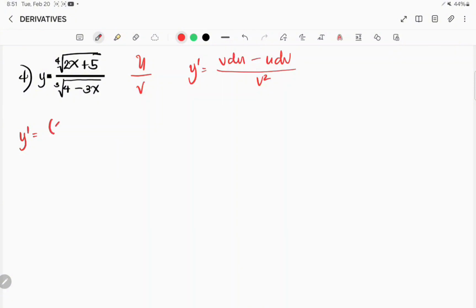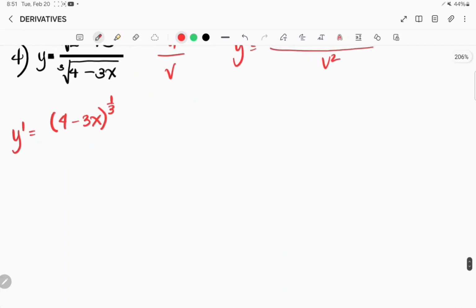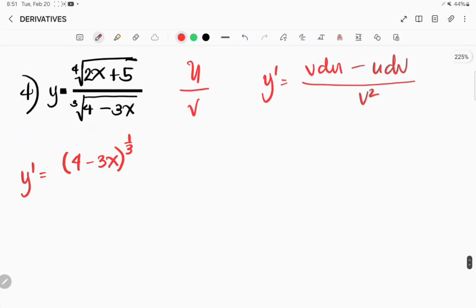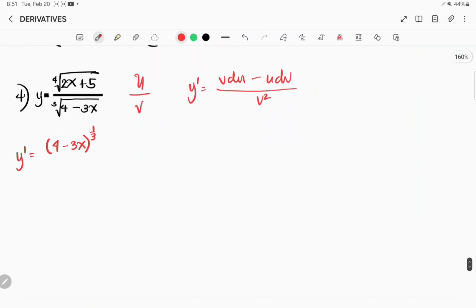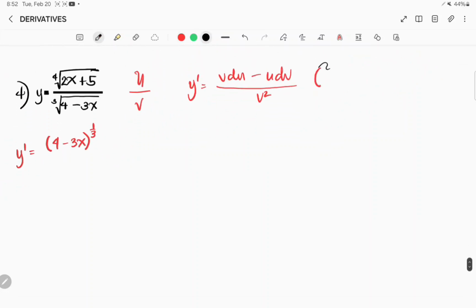It can be rewritten as 4 minus 3x raised to 1/3 times the derivative of u, and u may be rewritten as 2x plus 5 raised to 1/4. So our denominator is 4 minus 3x raised to 1/3.